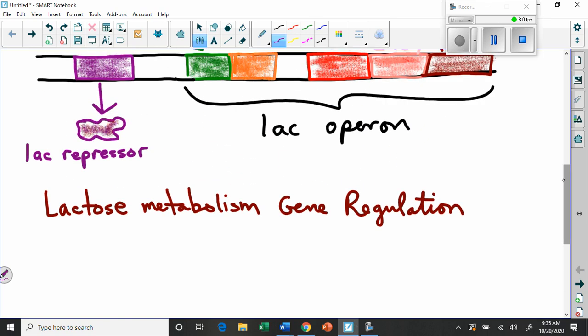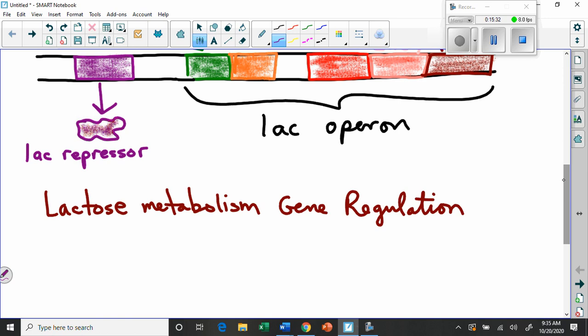This lac repressor can bind to lactose. If the lac repressor binds to lactose, that'll change its shape. Remember, everything is shape.